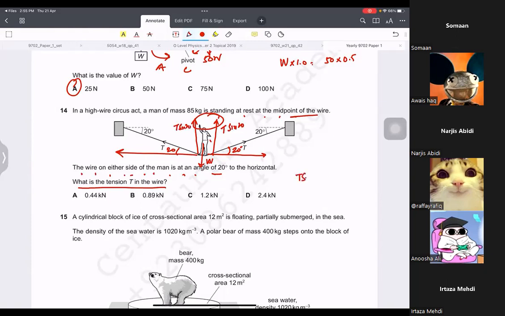So T sine 20 plus T sine 20 is equal to W, that is the weight of the man. So 2 times T sine 20 equals 85 times 9.81. Now it is very easy to solve.